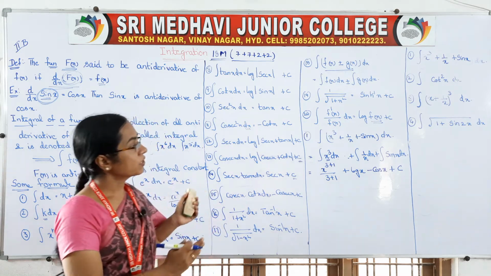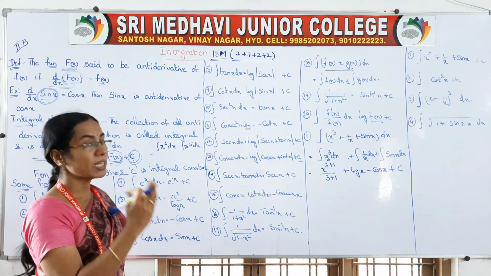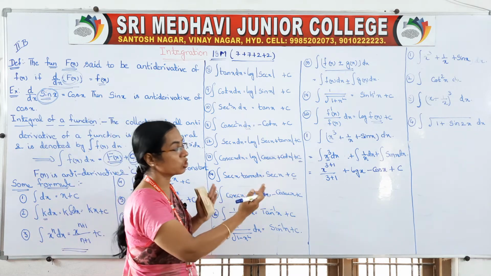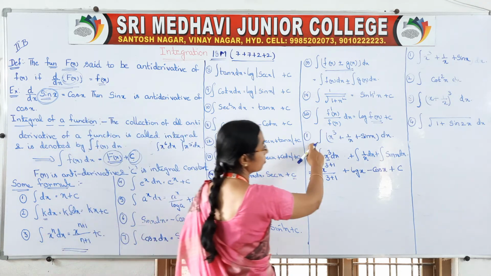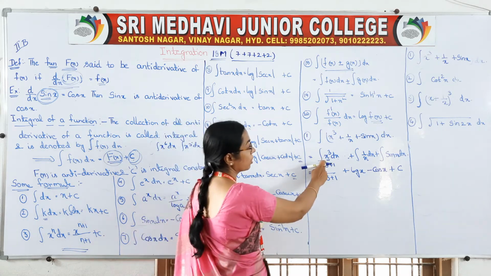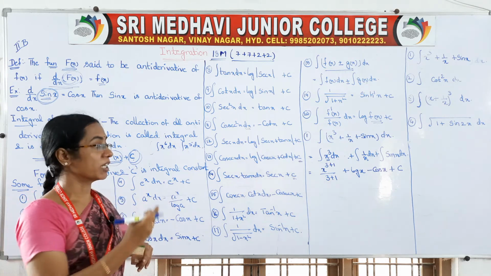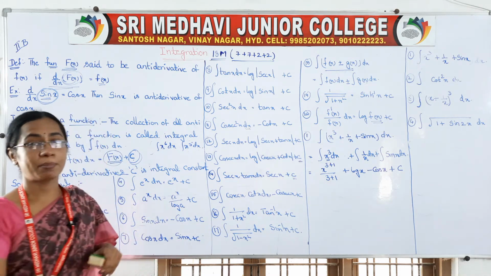First, observe the given problem. Whenever plus or minus are there, you take separate integrals for each and every term. Apply the formulas, and see whether the standard formula form is there or not. If it is not there, we will reduce it into our formula form.